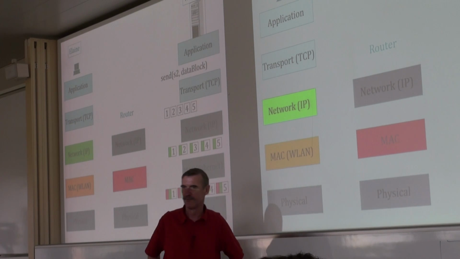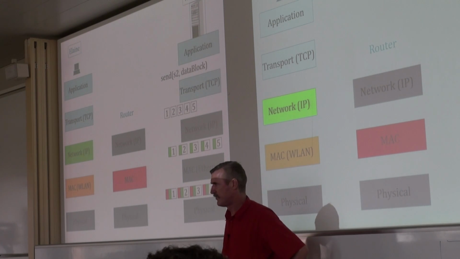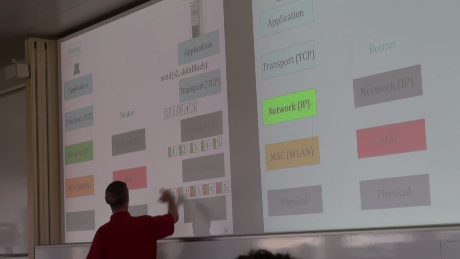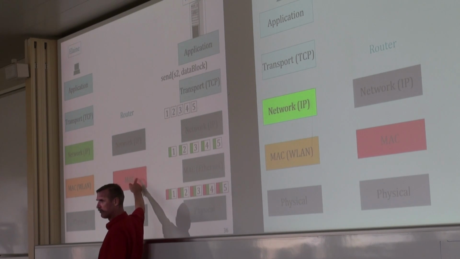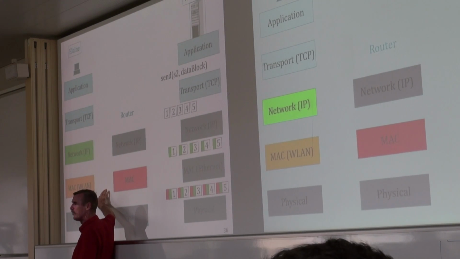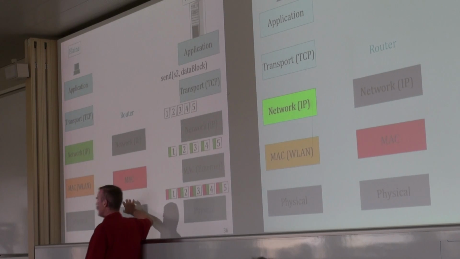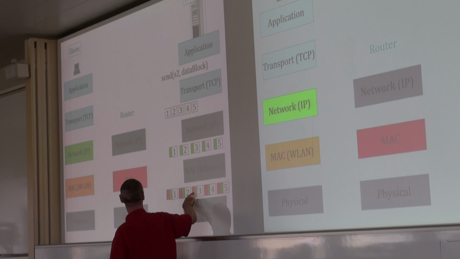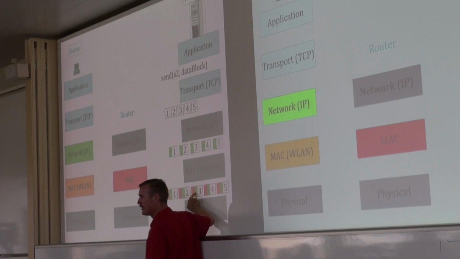Now, which MAC address? The MAC address of the router, because I'm using the Ethernet cable to go to the router. I'm not going to Elaine's PC. I'm not able to do that because Elaine is on another LAN. Doesn't have an Ethernet cable. I mean, smartphones in principle don't have Ethernet cables. So it will be sending with the destination MAC address of the router, whereas here there is a destination IP address of Elaine's smartphone.